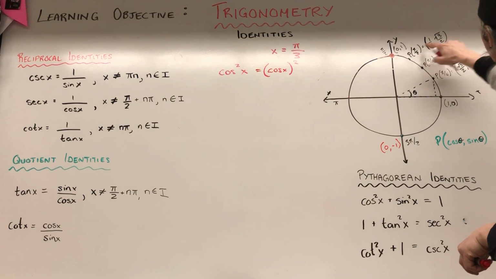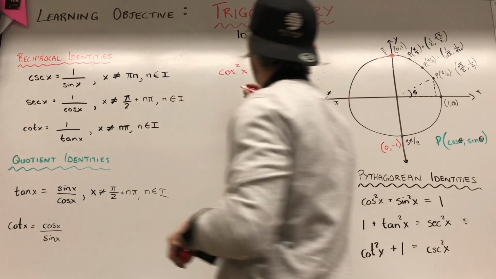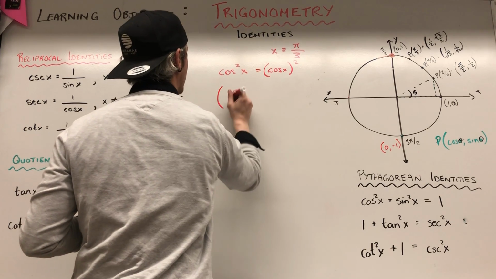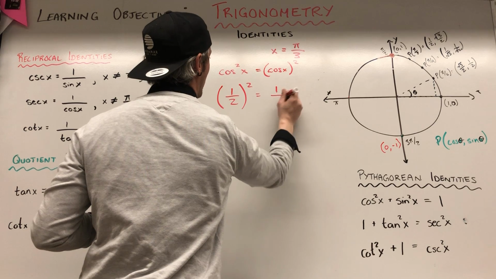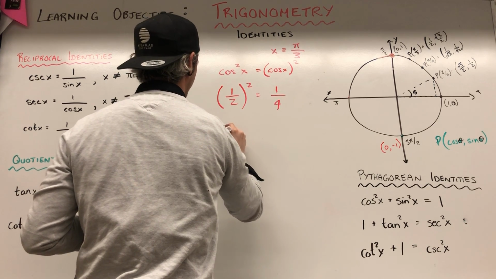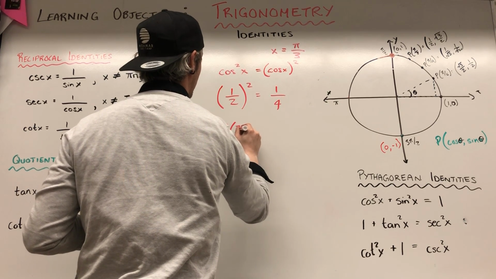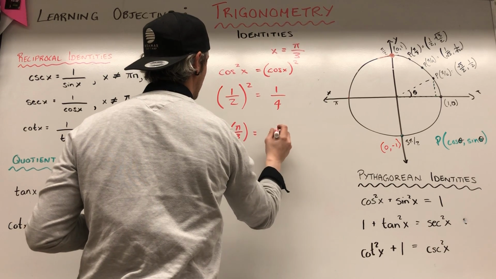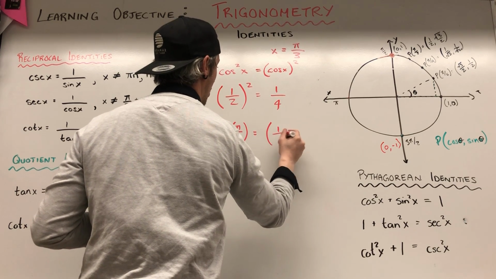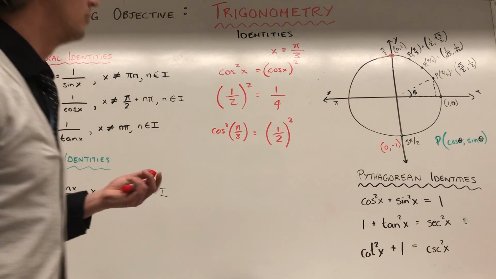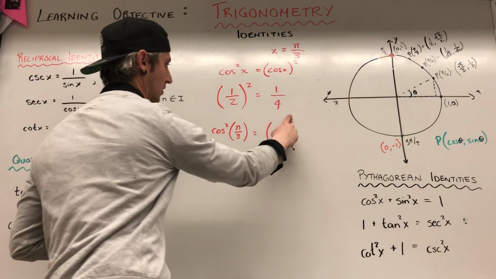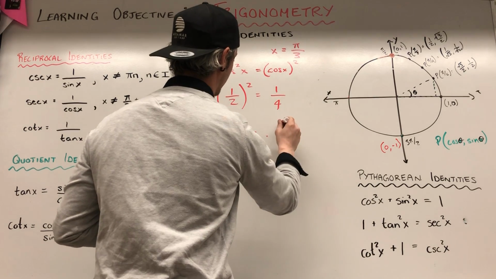Cos of pi over 3 is 1 over 2. So when I square that, I get 1 over 4. Therefore, cos squared of pi over 3 is equal to cos of pi over 3 squared, and I get 1 over 4.